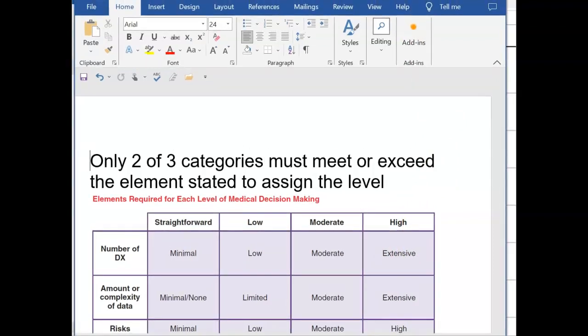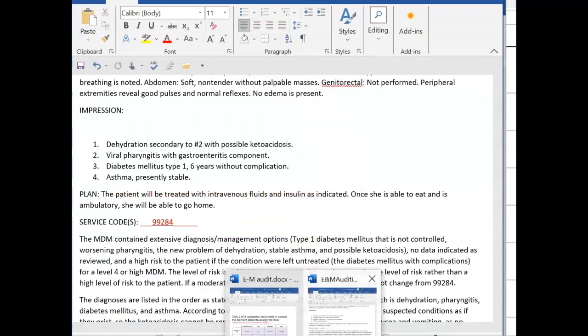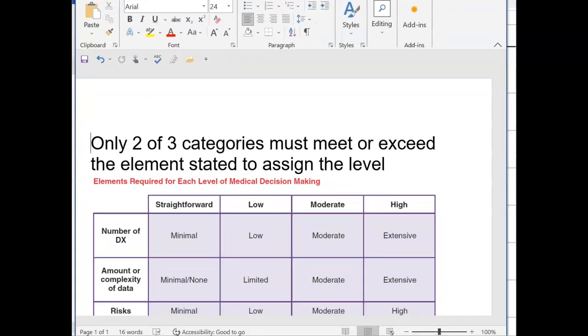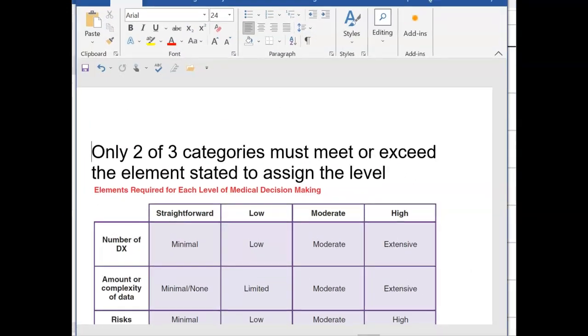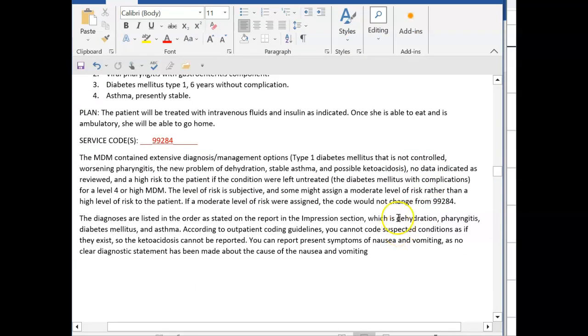Now we're going back to the next section, which is the data, the amount of data that was reviewed or complexity. With this one here, there's no data that was reviewed, so keep that in mind. So that's going to be minimal.